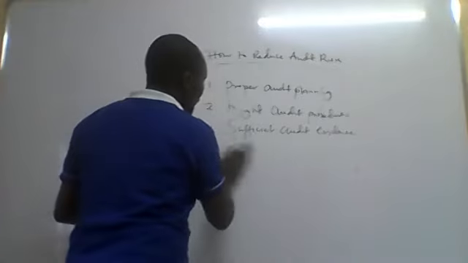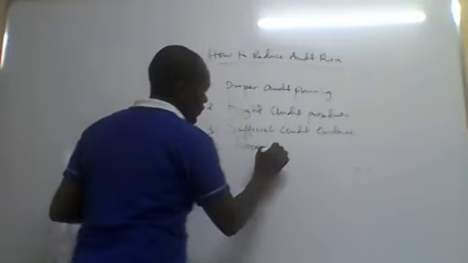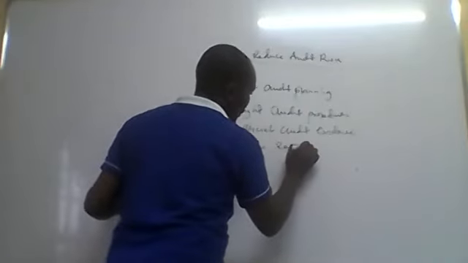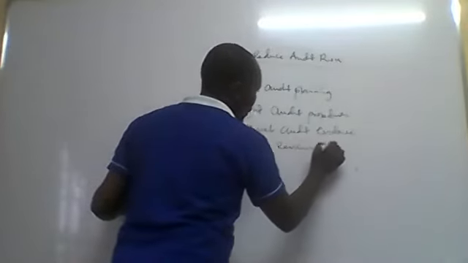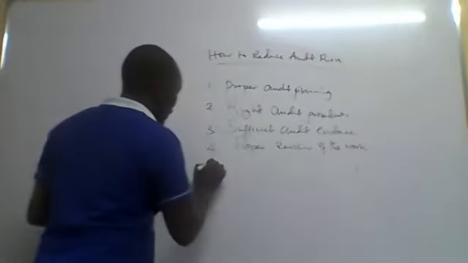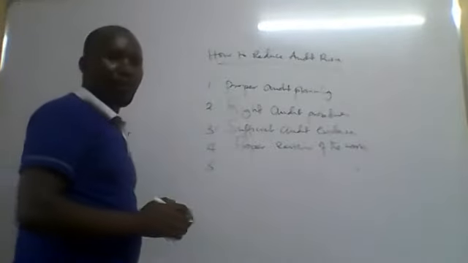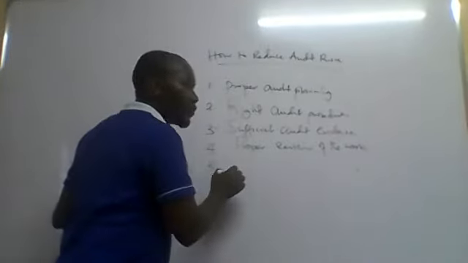Proper review. Number five, ensuring supervision or employing skilled people.